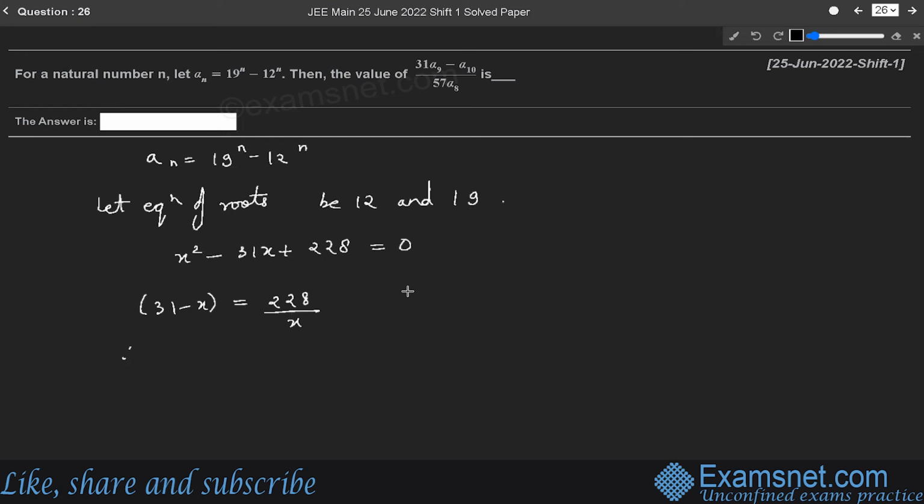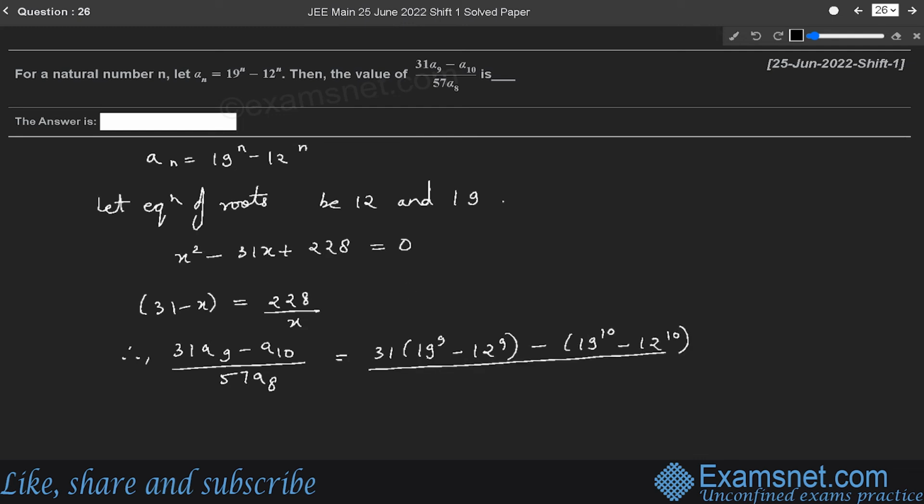Therefore, (31 a_9 minus a_10) divided by 57 a_8 will be equal to 31 into (19^9 minus 12^9) minus (19^10 minus 12^10), whole divided by 57 into (19^8 minus 12^8).